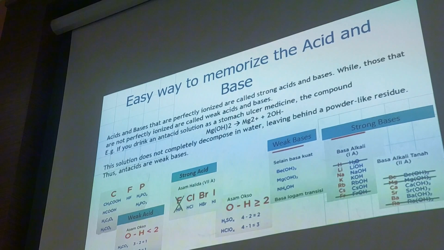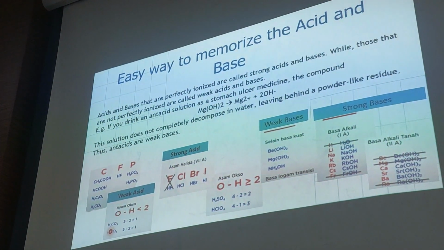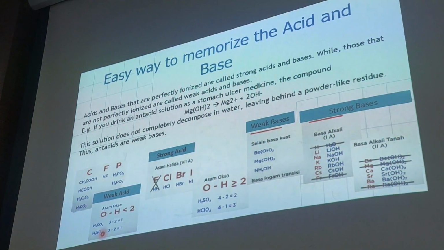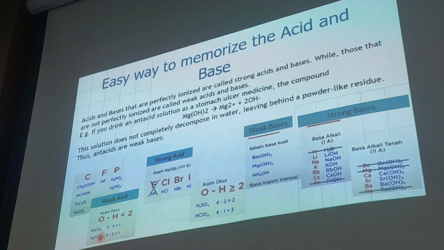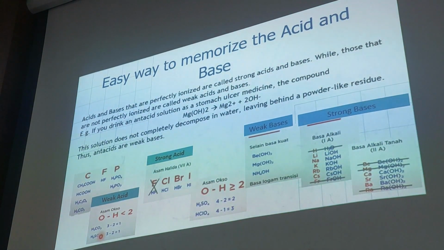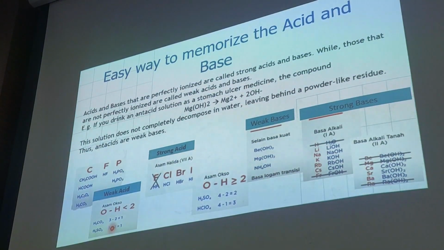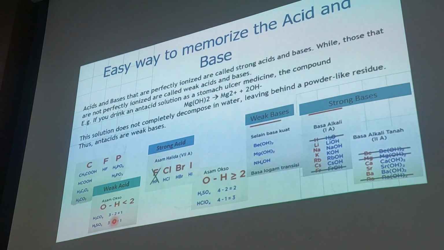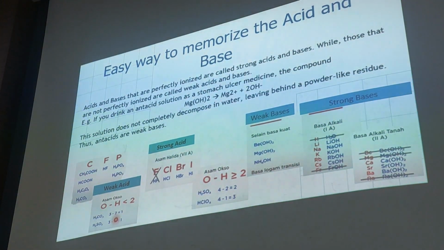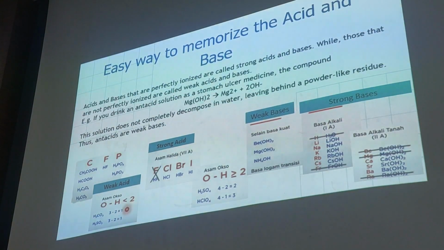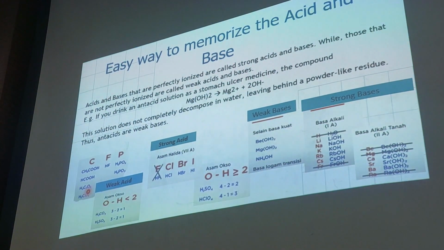So for H2CO3, how many oxygen atoms? 3. And the hydrogen? 2. So 3 minus 2 is 1, and 1 is less than 2, so this is a weak acid.